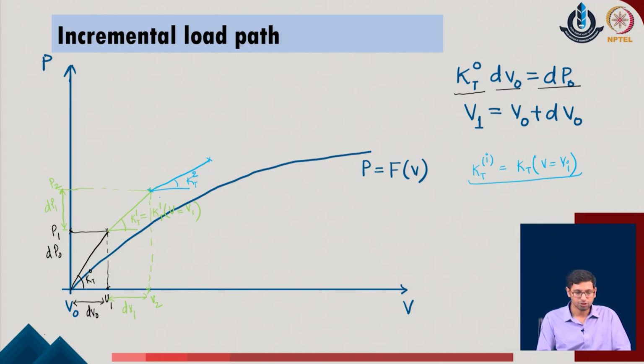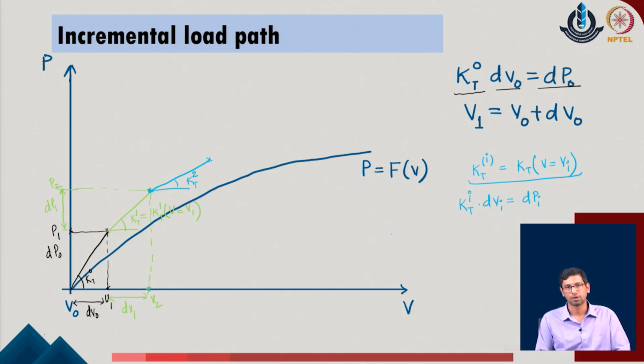So, if I am at the given point and evaluating KT2, I am locating it with respect to the value V2 in the given system. Similarly, the standard incremental stiffness expression can be written as KT of i into dV of i equal to dP of i.